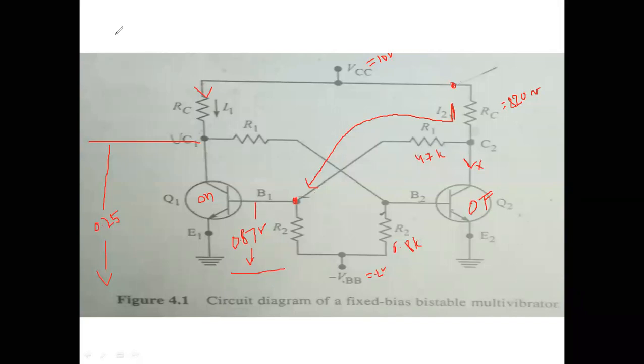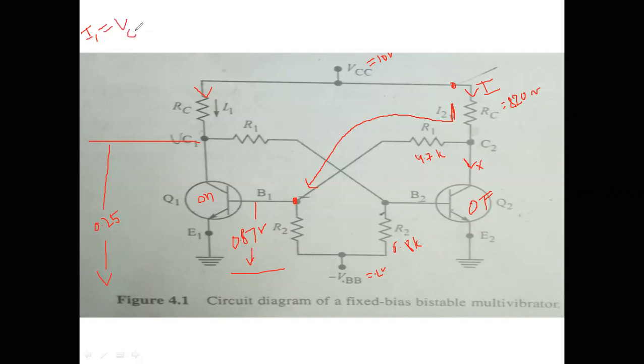Therefore the current, you can take it as I1. I1 equals the potential at this point, VCC, minus the potential at this point, VBE SAT, divided by RC plus R1.